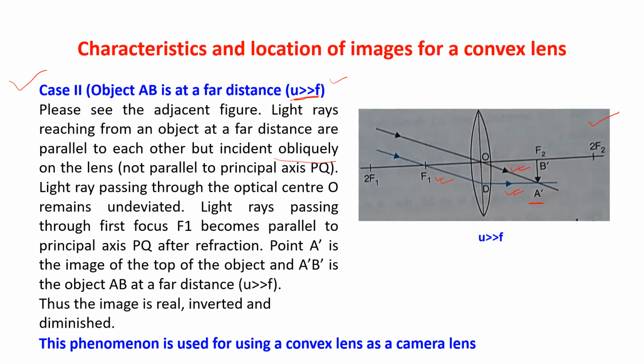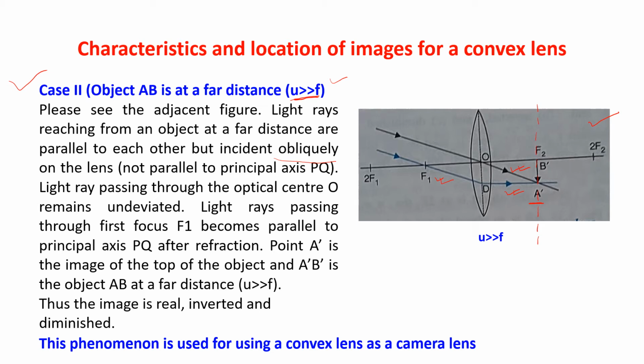Point A dash is the image of the top of the object, and A dash B dash is the image of the object AB which is situated at a far distance. That image is forming in the focal plane, the plane which is passing through the focus.